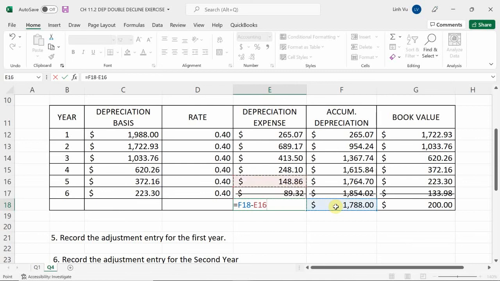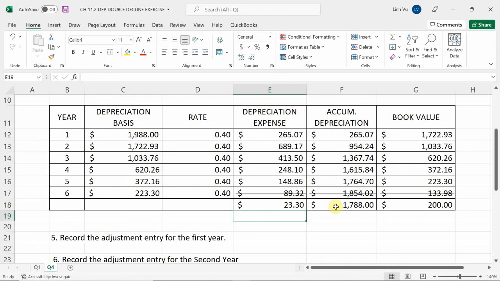Then what is going to be my depreciation expense? So in this case, this formula would be your accumulated depreciation minus previous accumulated depreciation. 23.30. Right? And that should be your end result on the 6th year.